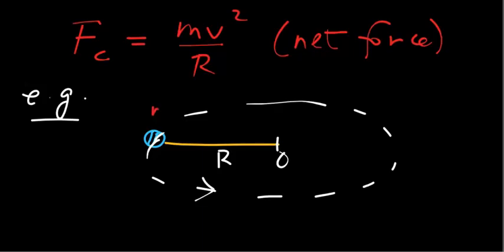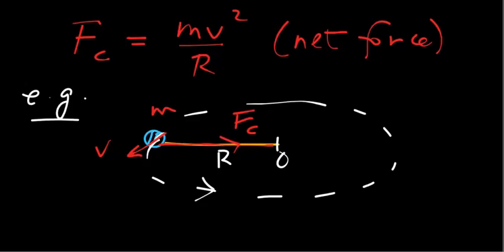If the mass of the rock is, say, m, and the speed is always constant, let's call it v, as it moves around in that circular trajectory, then the direction of that centripetal force must be towards the center of that circular trajectory. So the direction where the object is there is that way. So that is the centripetal force in this case.